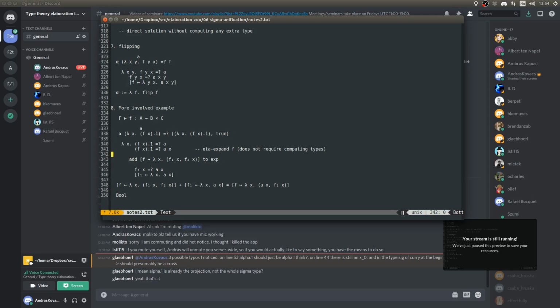So there should be just a direct mapping in the solution from this to this. Okay, but now I can just take the right hand side and then use this substitution on it.